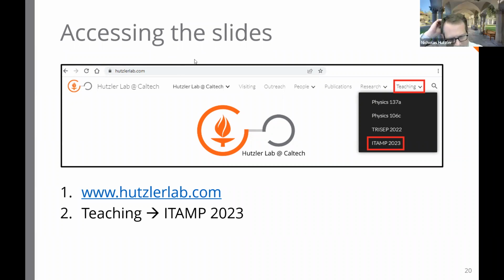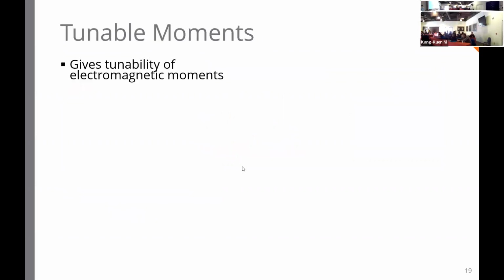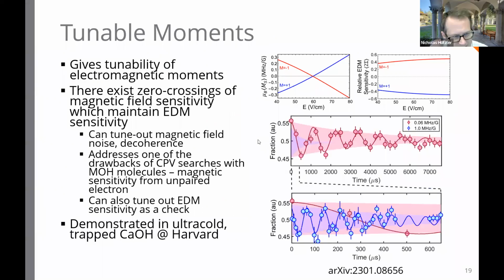All right, welcome back. As a reminder, you can find all the slides here on our group website. First I'm going to wrap up some slides from last time, and then move on to some new slides. This is where I left off last time, and it shows a summary of some of the things you can do with laser-coolable polyatomic molecules.